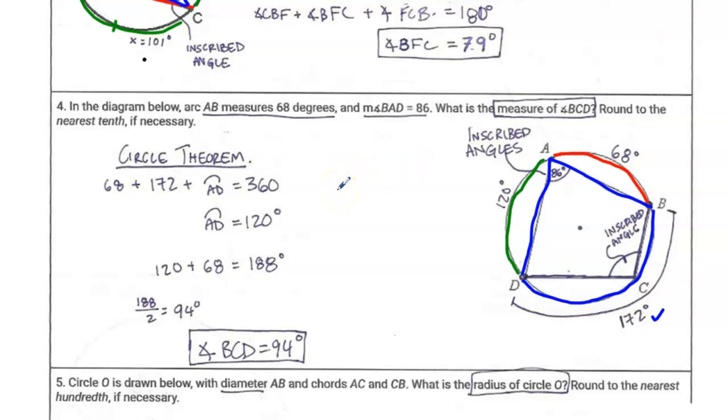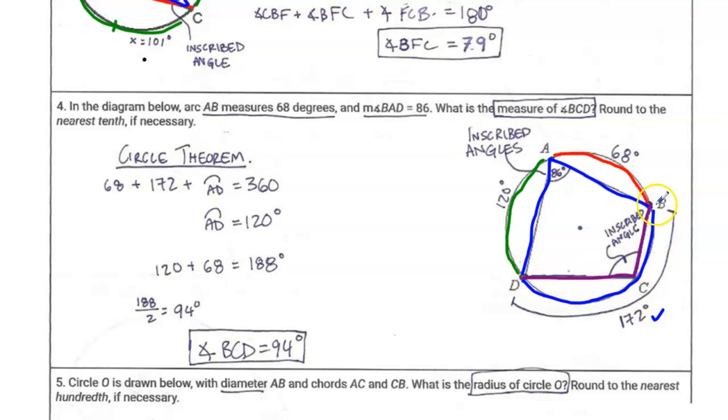Now what I can do is go through all the things that I know to try to figure out what I don't. I'm looking for the measure of BCD. From B to C to D, I'm going to outline that in purple. From B down to C, over to D. And luckily for me, I have all the arcs that I need.